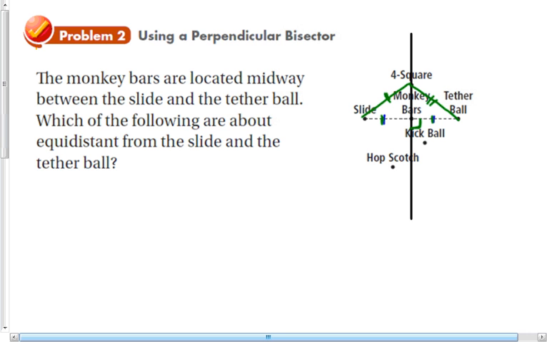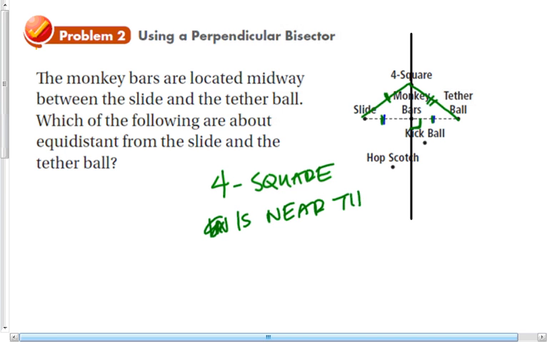And it appears that 4 squared is on the perpendicular bisector, or at least is near the perpendicular bisector.